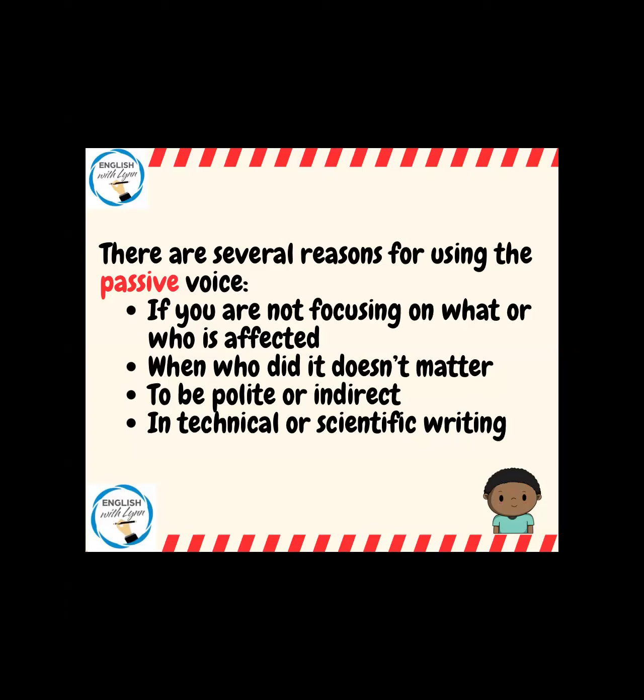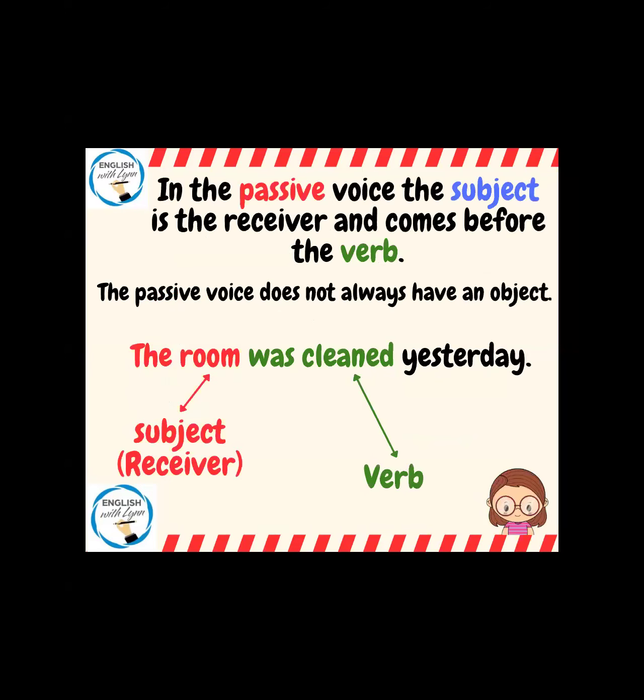And the final reason for using the passive voice is if you are writing in a more scientific way, or a technical way, you tend to use the passive voice. Now, when we use the passive voice, we switch things around because the subject is the receiver of the verb, and it comes at the beginning of the sentence.